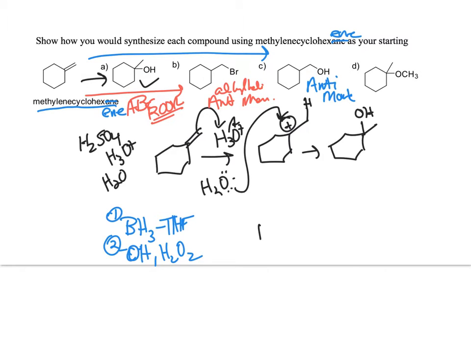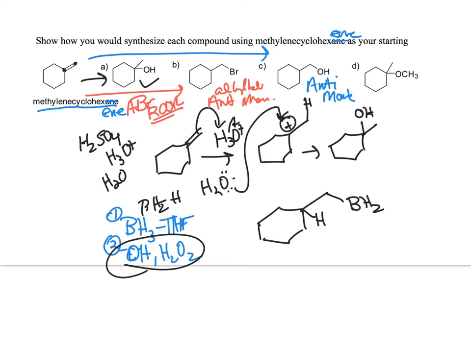And just to show you what that intermediate looks like, so you have BH2 going to one of the carbons and hydrogen going to the other carbon of the carbon-carbon double bond. The BH2 goes to the least hindered, the hydrogen goes there, and then upon addition of OH, the borane gets replaced with OH.